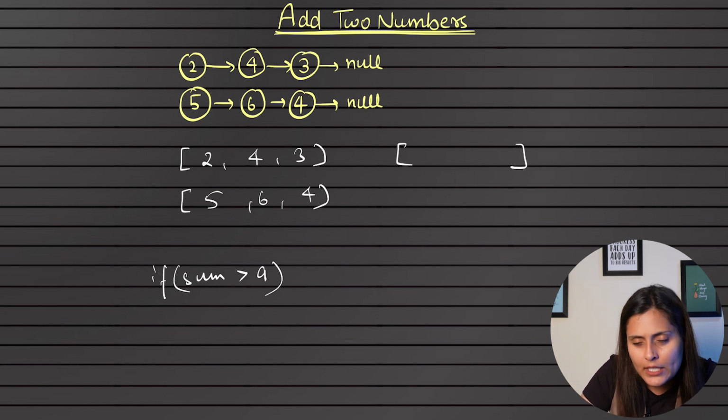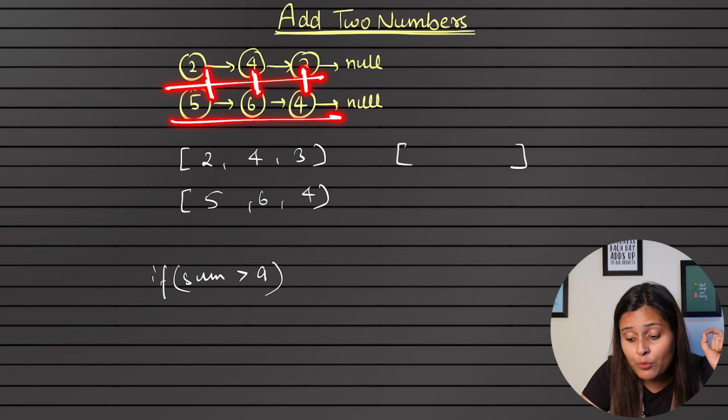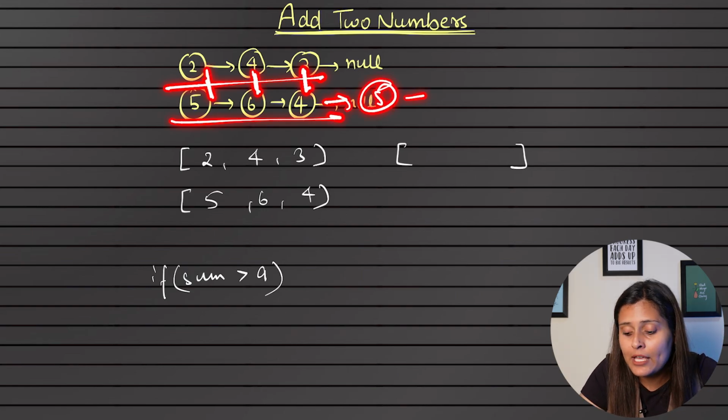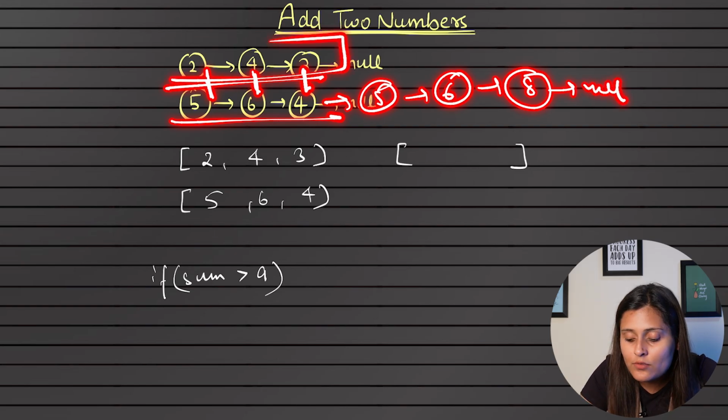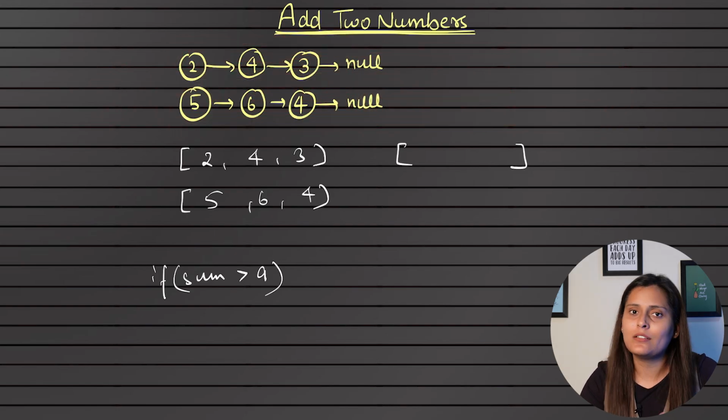So we can make another linked list, or we can override the same linked list at the same time. But the question does not guarantee that the number of nodes will be the same in both cases. It might be like 5, 6, 8 further, and this was only 3. So the total answer will be maximum length out of these two plus 1.